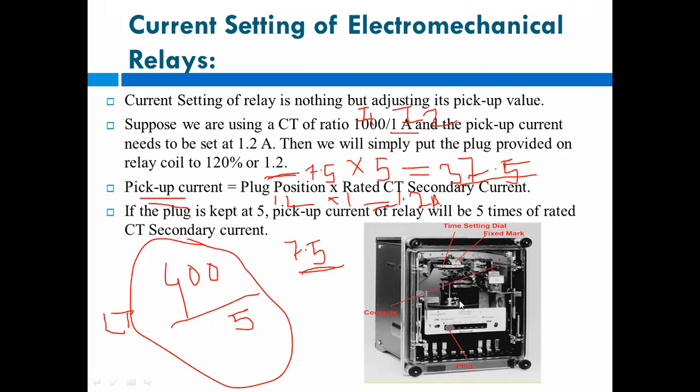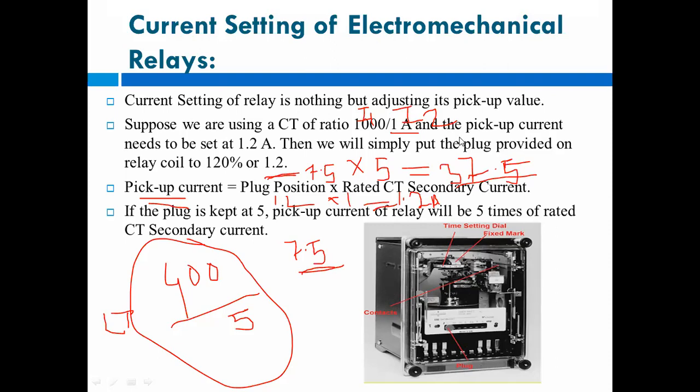Okay, suppose the plug position is here 2.5, likewise positions are there 3.75, 7.5, and likewise up to 10 the plug positions are there. So you can select any of the plug positions and multiply by the rated CT secondary current. Okay, so our transformer CT is of 100 by 5.